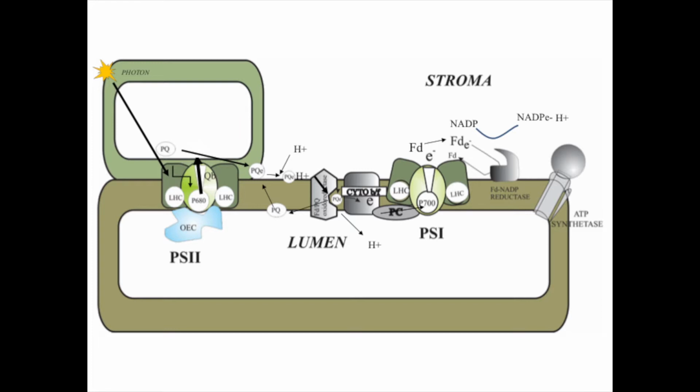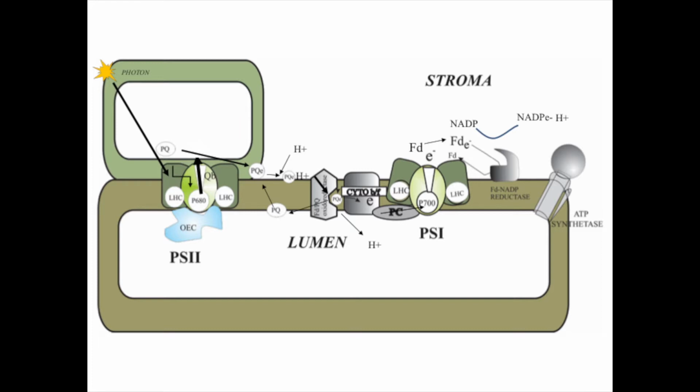PQ, with its extra electron and proton, shuttles along the membrane until it bumps into cytochrome bf complex in the stromal thylakoids. When it does, it is carried to the luminal side of the membrane, where the electron is taken away from PQ by cytochrome f.